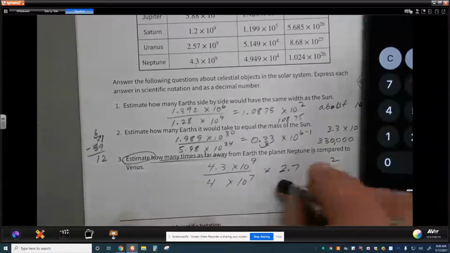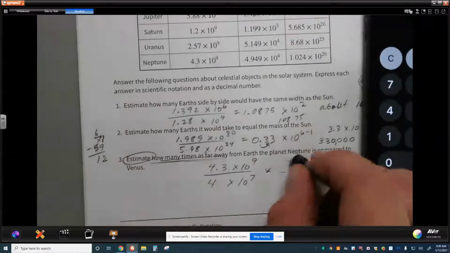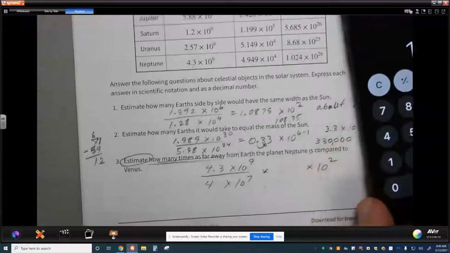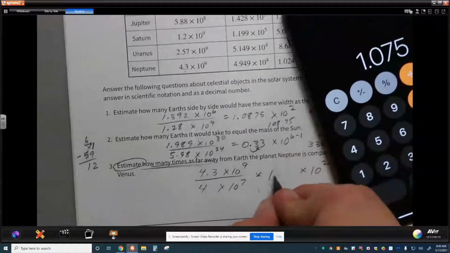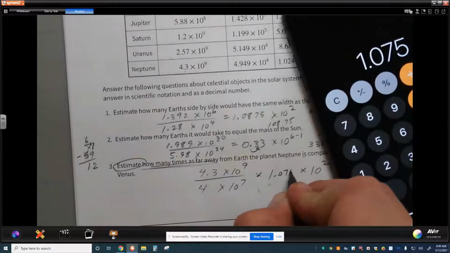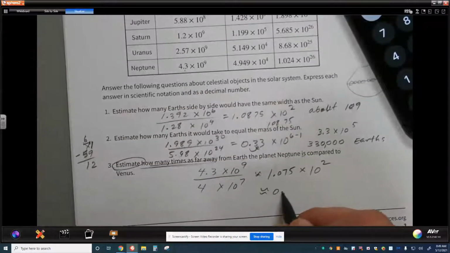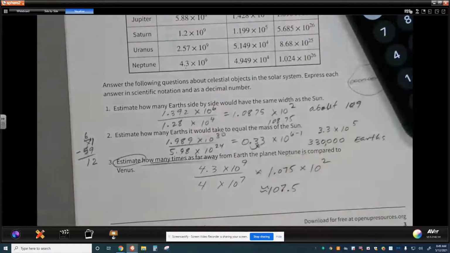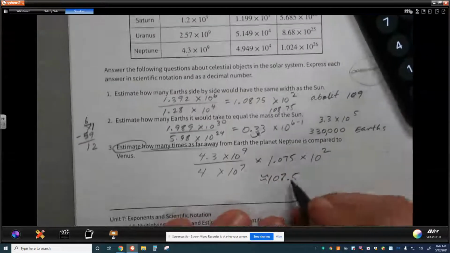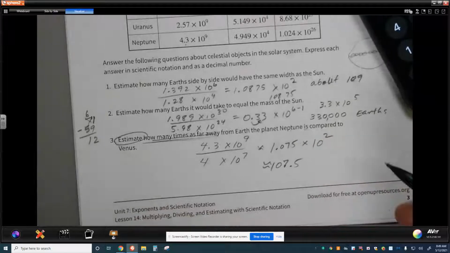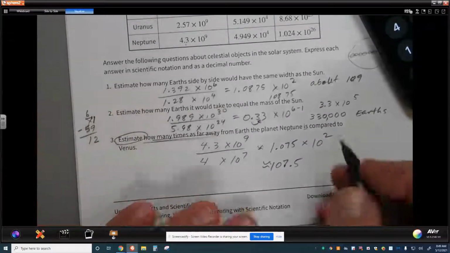Oh, whoops. I was way off. Let's fix this. See, I was way off. That makes a big difference. This comes out to a value of about 107 and 5/10. And so I'd say that Neptune is approximately 107 5/10 times further away from the Earth than Venus.